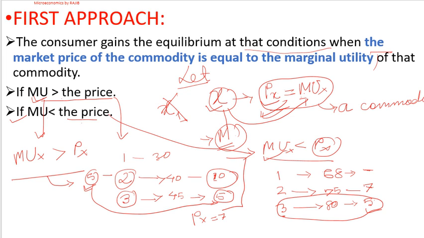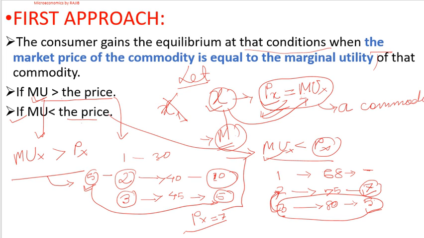Then the consumer switches to the second unit, that means he will satisfy his condition and get the extreme satisfaction by deducting his unit of consumption. Then he will have marginal utility of x equal to price of x, here 7. So this is the condition of the consumer's equilibrium for only one commodity.